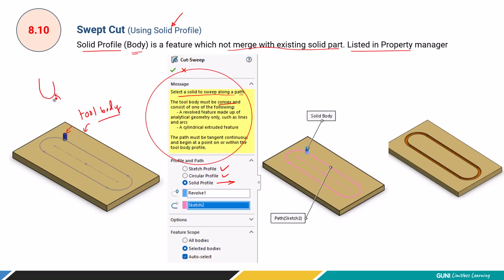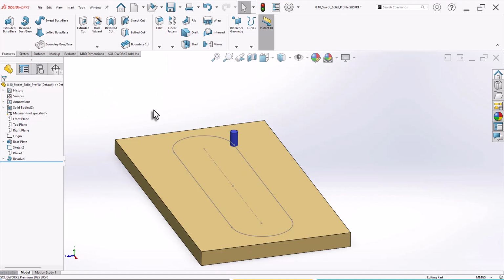Its end should be convex and consist of one of the following: a revolve feature made up of analytical geometry only, such as lines and arcs, or simply cylindrical extruded features, that is, a circle extruded. So this solid body must be made from these 2 options. Otherwise you are not able to create a sweep cut using a solid profile. So let's see in SolidWorks. Now open exercise 8.10.